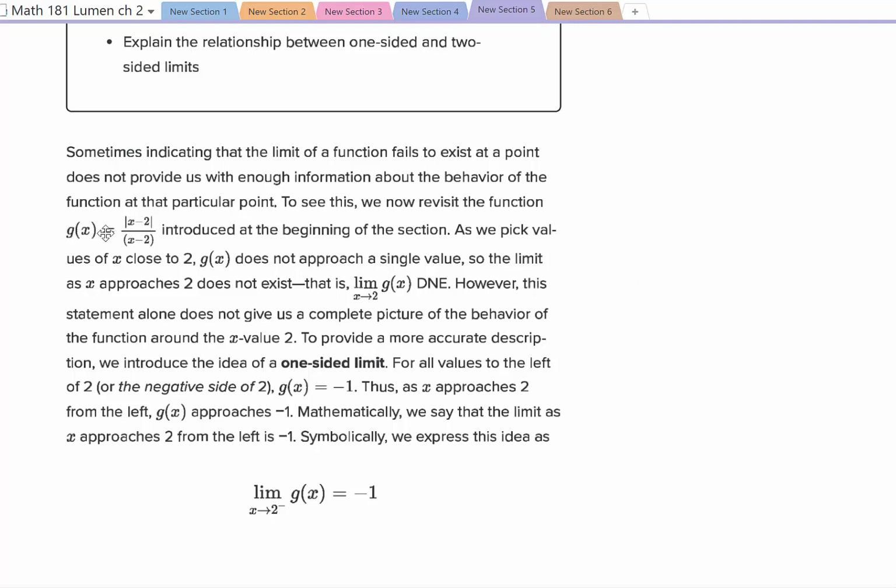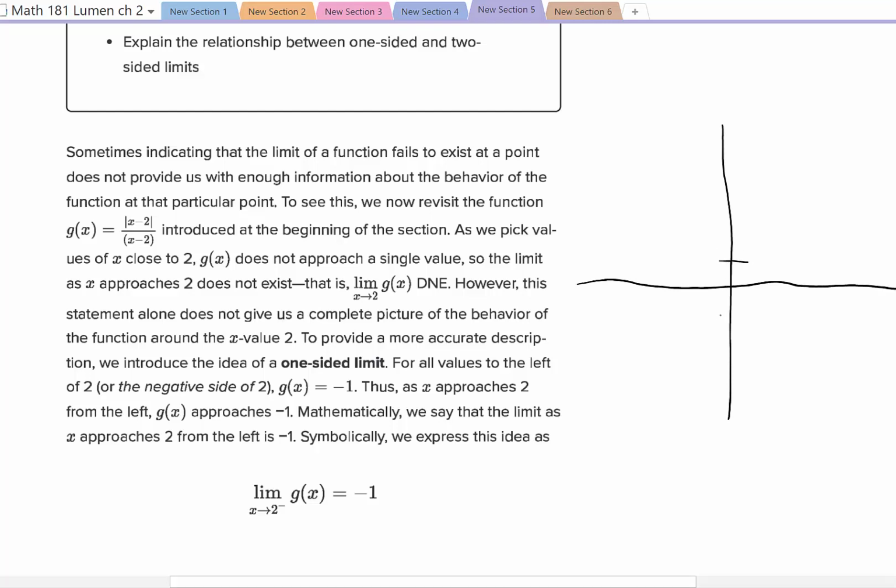We talked about g of x equals the absolute value of x minus 2 over x minus 2. And if you recall, that graph had something. Let's see if I can go to my draw screen there. The graph looks something like this.